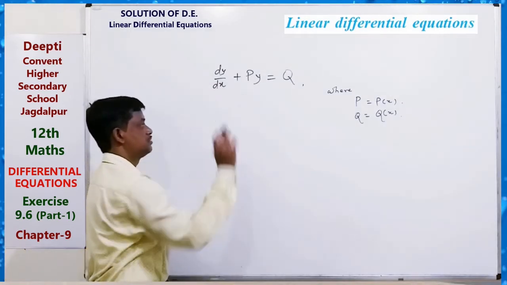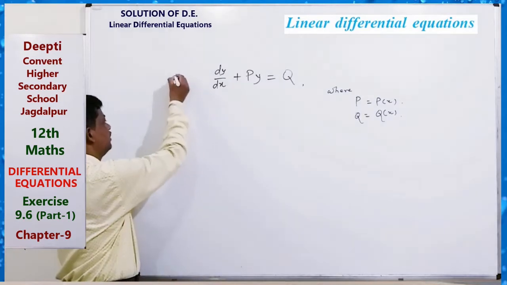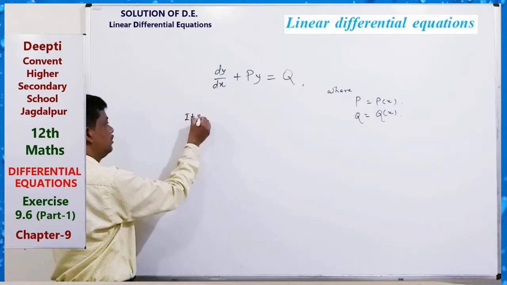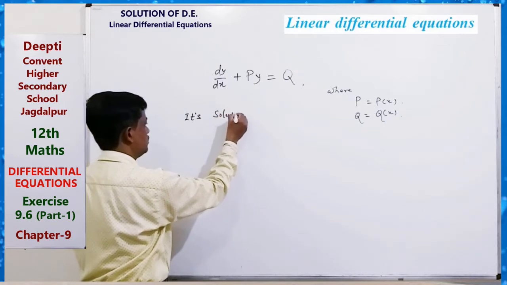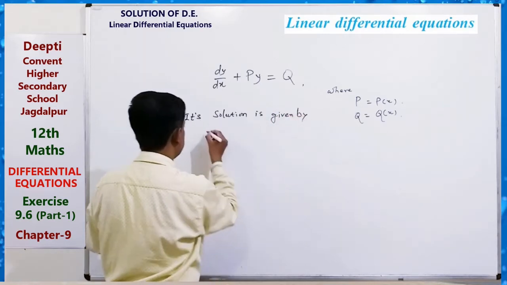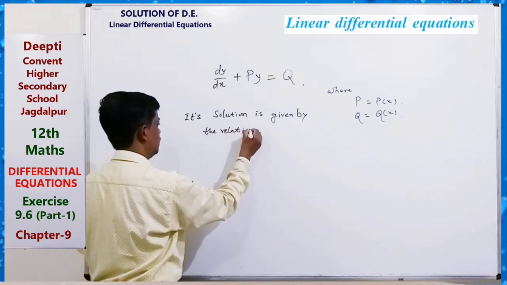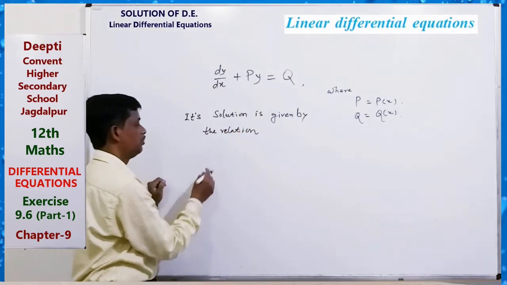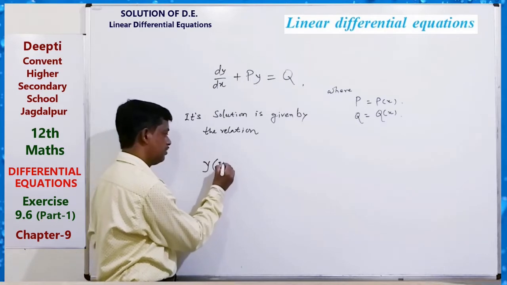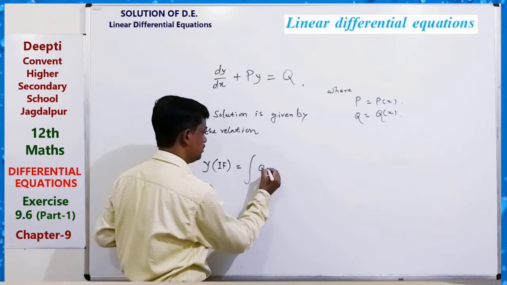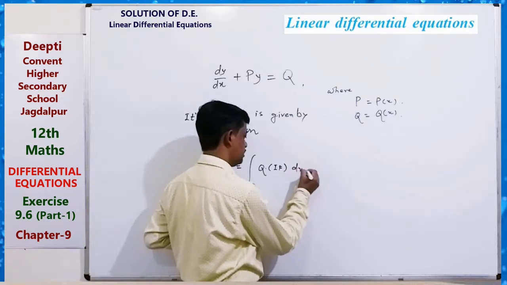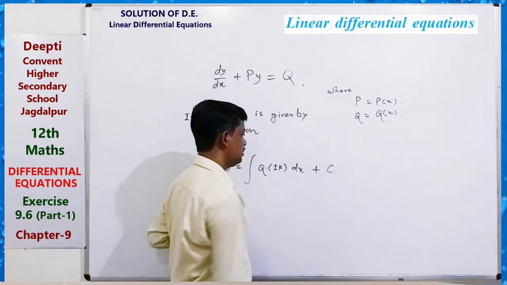If the given relation is in this form, then its solution is given by the relation, for this differential equation in y: y multiplied by IF equals the integration of q multiplied by IF dx, plus the constant of integration.